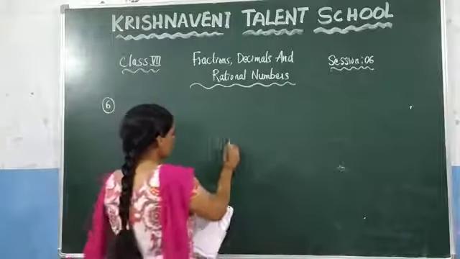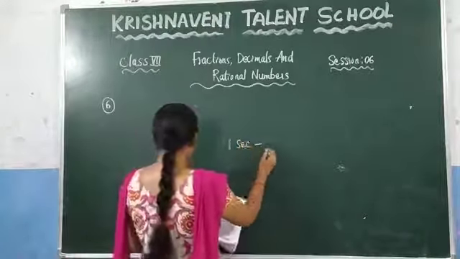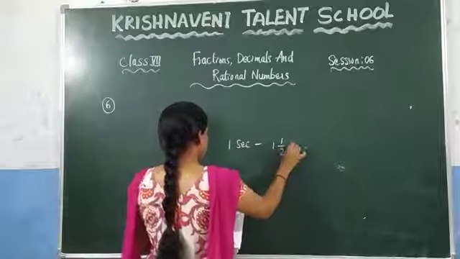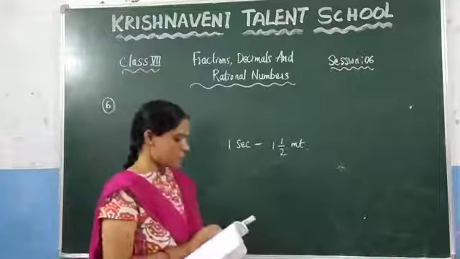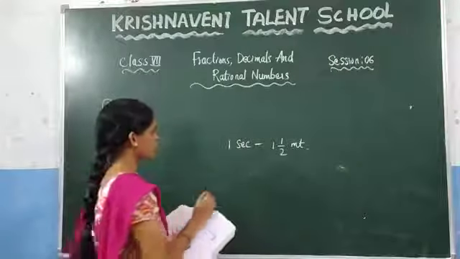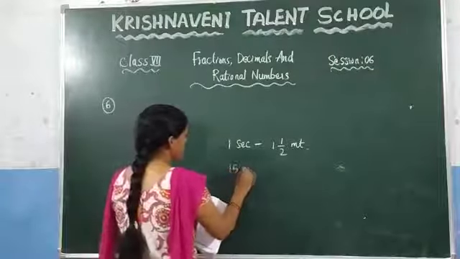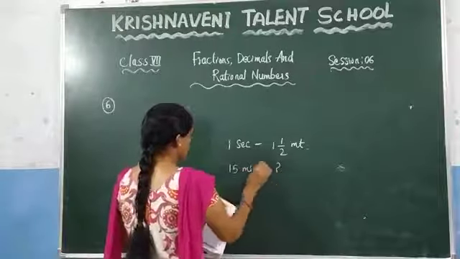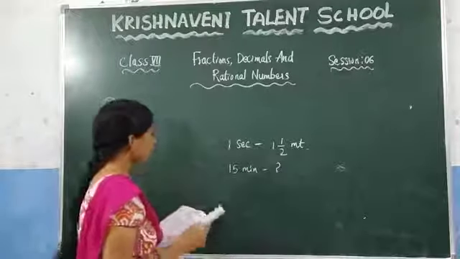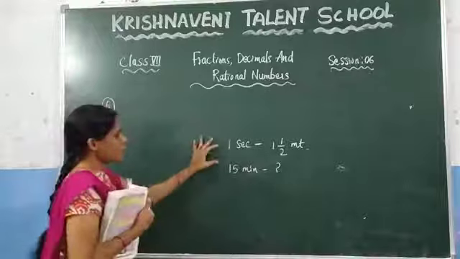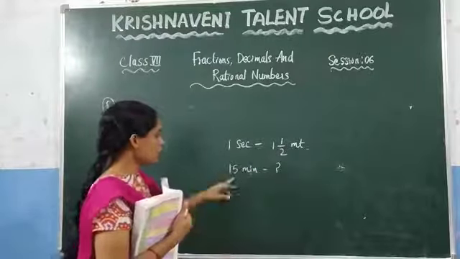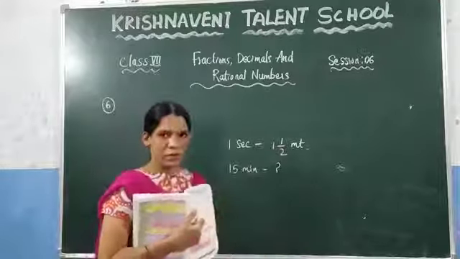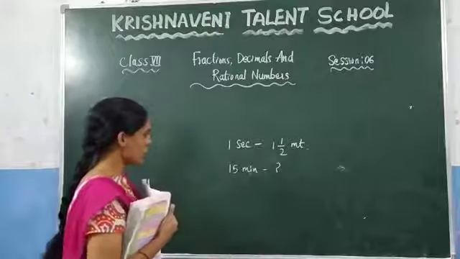That means in 1 second Raju walks 1.5 meters. And here they ask how much distance will he walk in 15 minutes. In 15 minutes, how much distance does he walk? This is the question they have given. In 1 second, Raju walked a distance of 1.5 meters. In 15 minutes, how much distance does he walk?